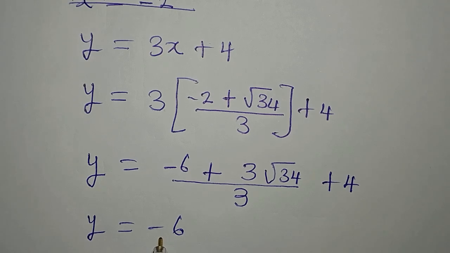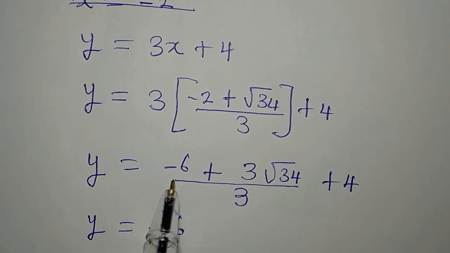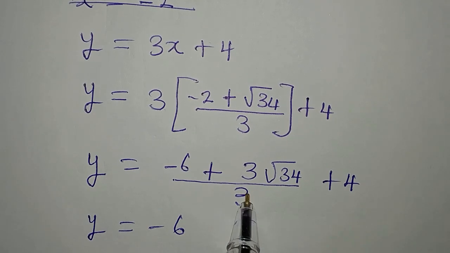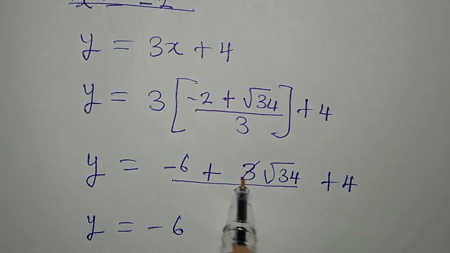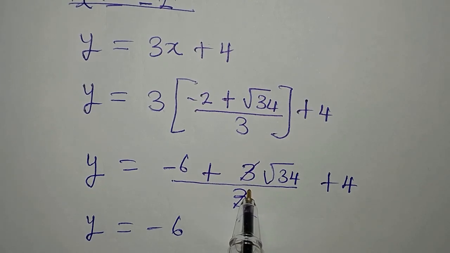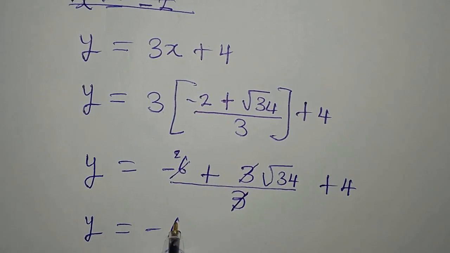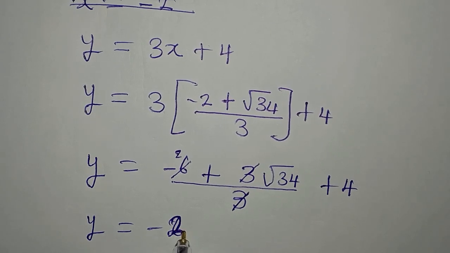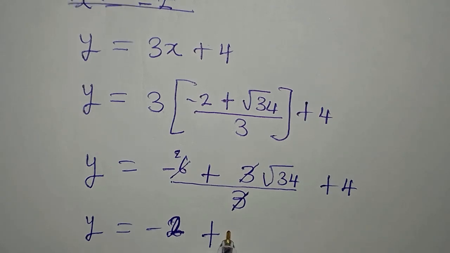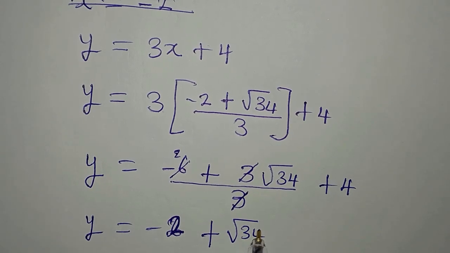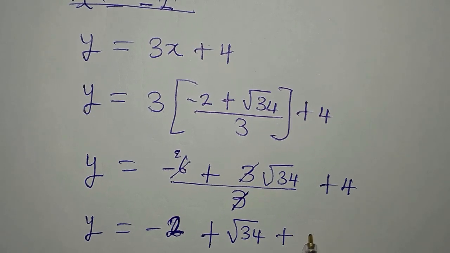By the way, there's no need to find the LCM because this can go here, and this will go here, and we have minus 2. So y is now minus 2 plus square root of 34 plus 4, right?